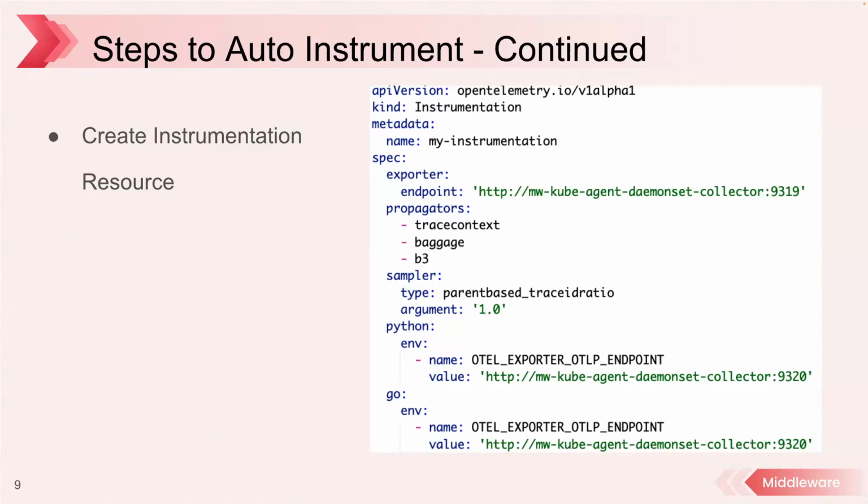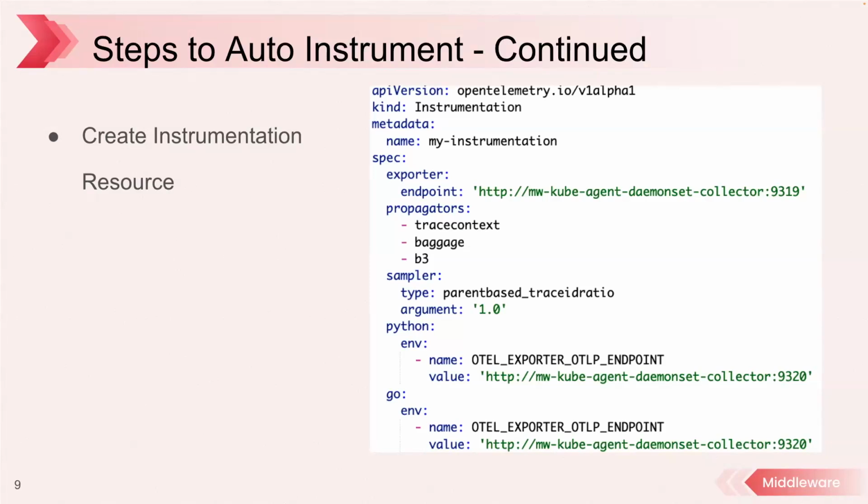You can also configure propagators. As I mentioned before, when a trace goes from service A to service B, there are different standards as to what headers are being placed. So you can configure what propagators you want to use. So in a nutshell, this is your custom instrumentation configuration.